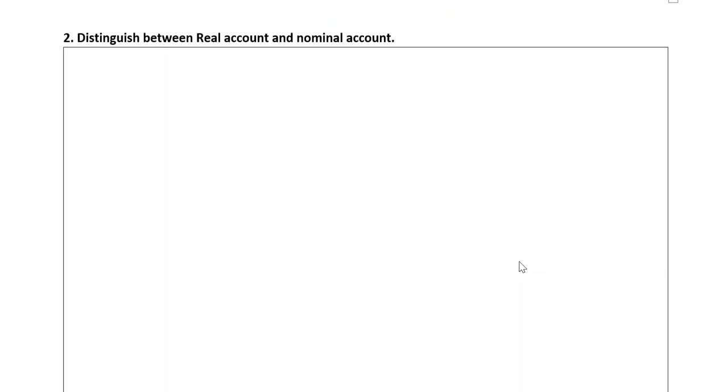Let's move to the next question, and that talks about distinguishing between real account and nominal account. Real accounts are generally the properties and assets of the business.